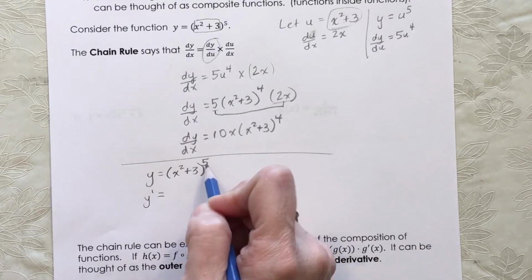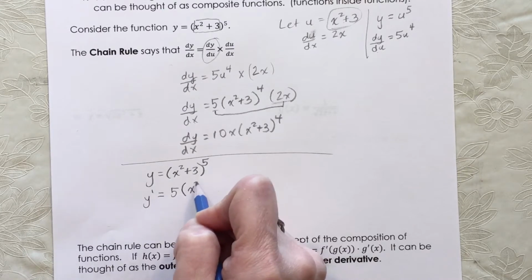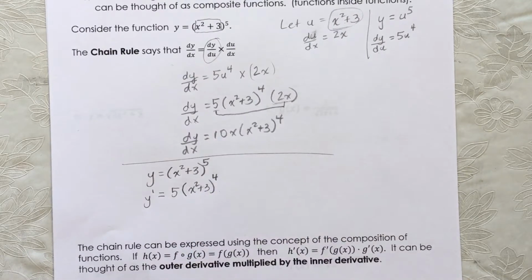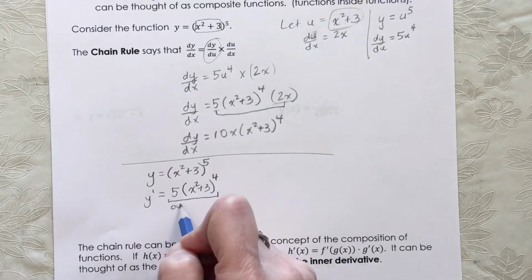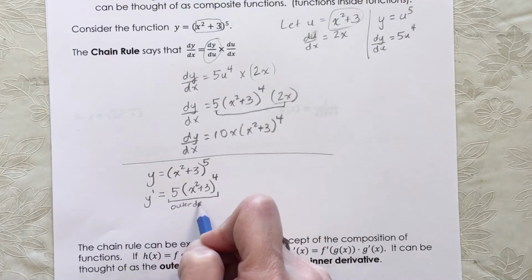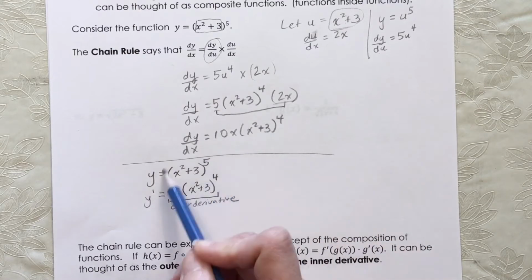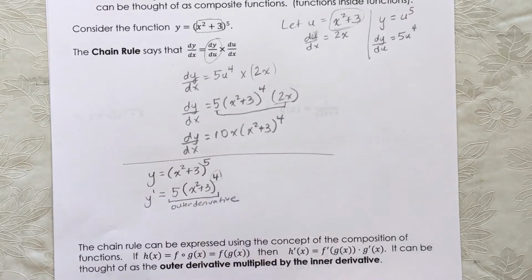So we do 5 times whatever's in the bracket to the fourth. I call this the outer derivative: the exponent comes down, multiply by whatever's in the brackets, decrease the exponent by 1.